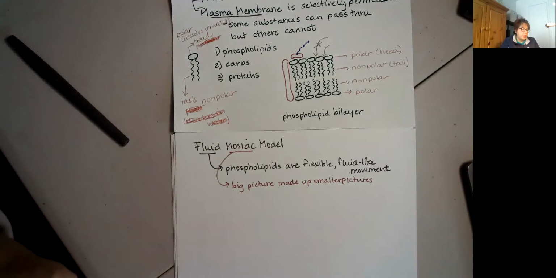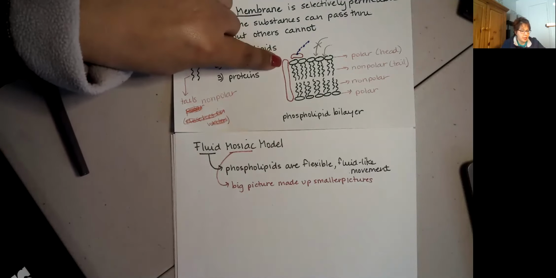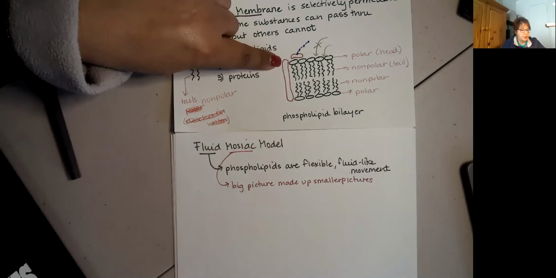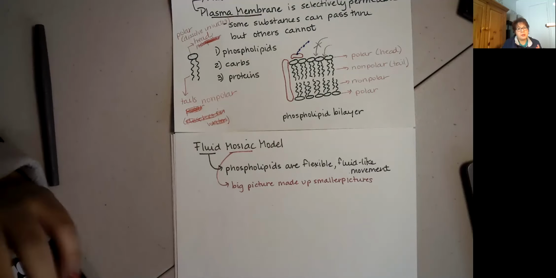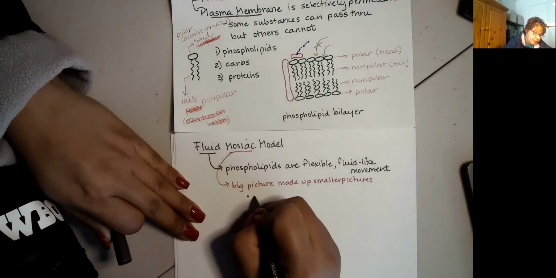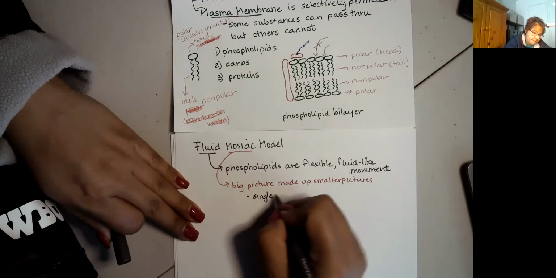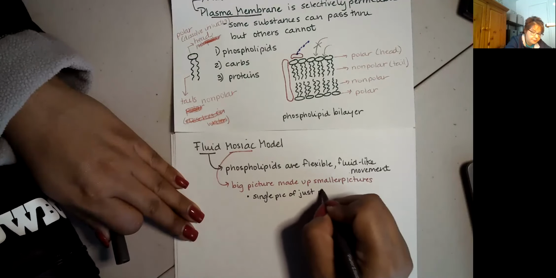In other words, you can make up a picture of just a phospholipid, of just a protein, or of just a carbohydrate. But then you take those pieces and put them together and make up a larger picture.